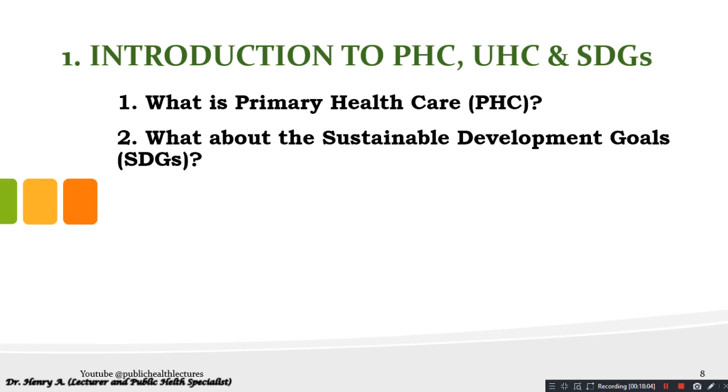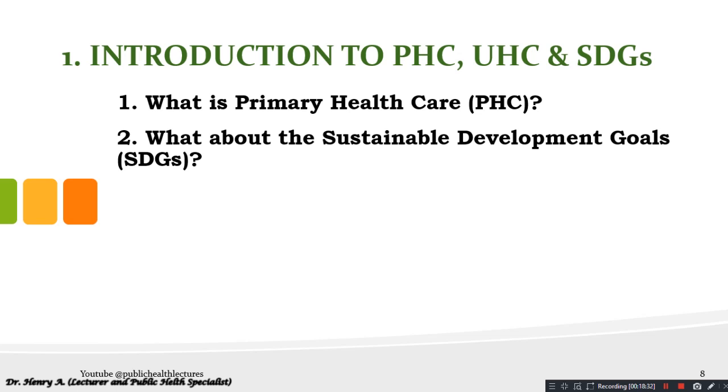And finally, let's look at number 5, under what primary health care is. We're taking it from the Alma Ata of 1978 to the Astana of 2018. Now, these are both declarations. The Alma Ata Declaration of 1978 gave us the vision of health for all.